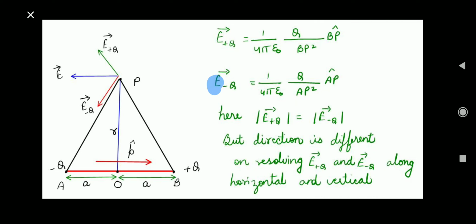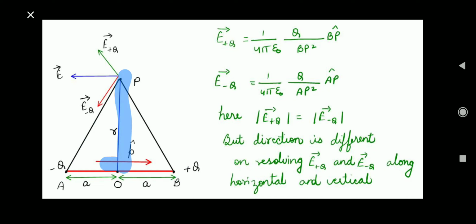After that, E minus q. Let us write the electric field due to this minus q charge. The electric field due to the minus q charge will have the same magnitude, as you can see. Don't be misled into thinking these two are different. Actually this BP and AP are the same, because this line and these two parts are of the same length.